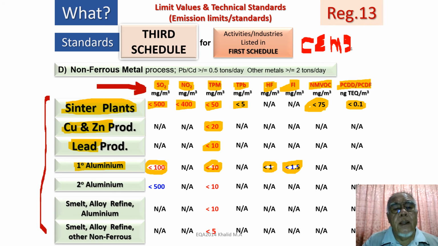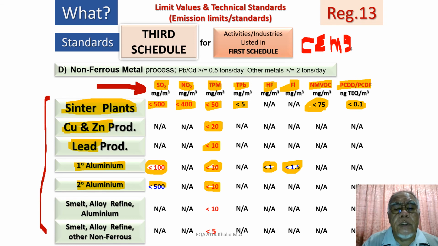Secondary aluminum production, the environmental parameter of concern that requires CEMS, apparently, is total particulate matter, regulated under the law. And for sulfur dioxide, they are also regulated, but not required for CEMS.